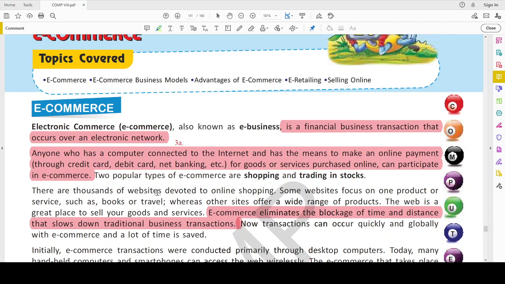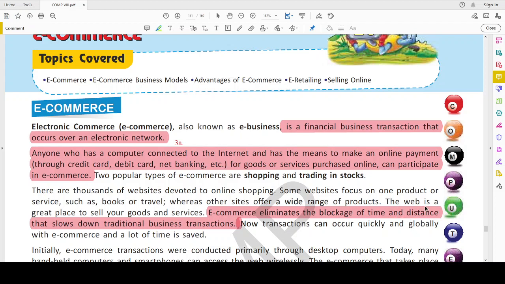There are thousands of websites hosted for online shopping. Some websites focus on one product or service, such as books or travel, whereas other sites offer a wide range of products.